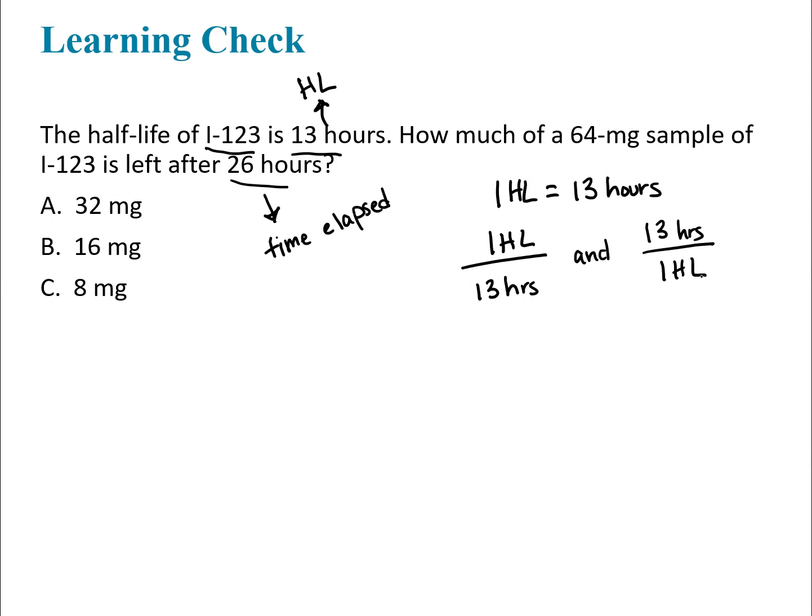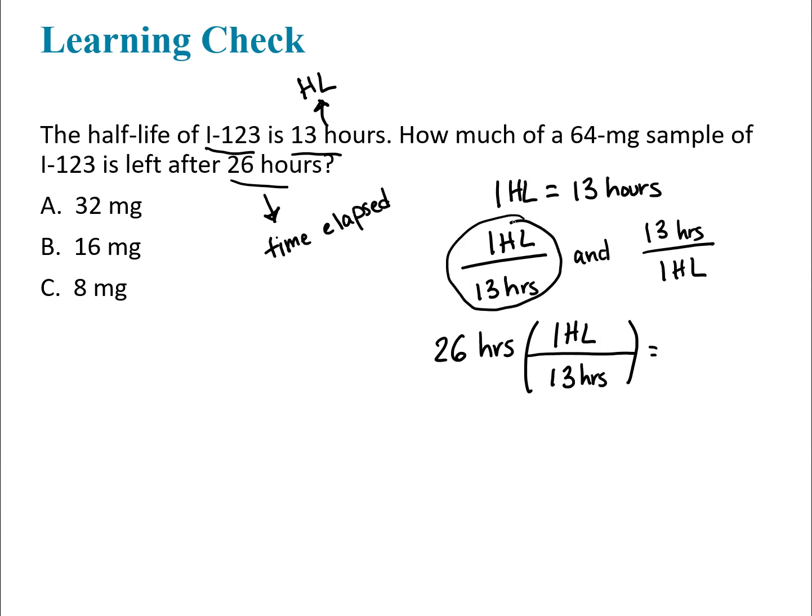We can use this to figure out how many half-lives have passed. 26 hours have elapsed. We use our conversion factor that has hours in the bottom so we can figure out the number of half-lives. 26 divided by 13 is 2.